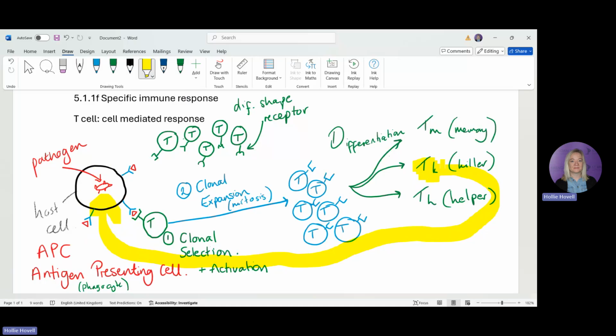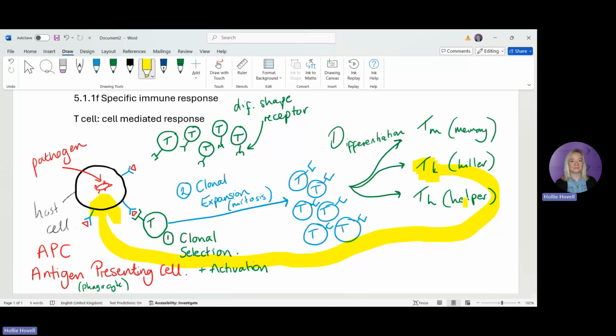Okay, so when it says T killer, it's not going to directly kill the pathogens, it's going to kill the infected cells. Okay, so the T killer cells can kill infected cells. There's various ways that they can do that.